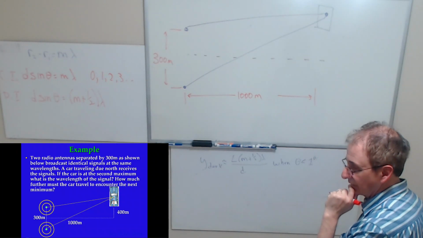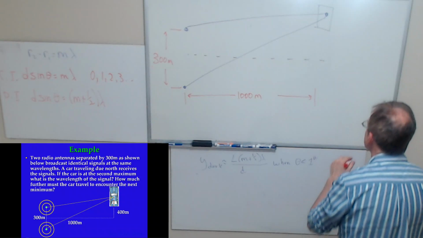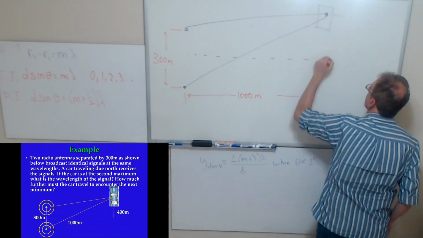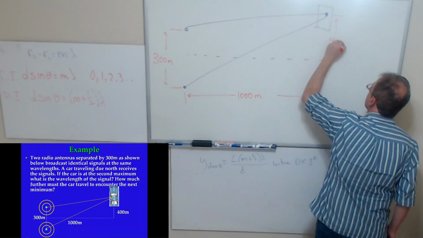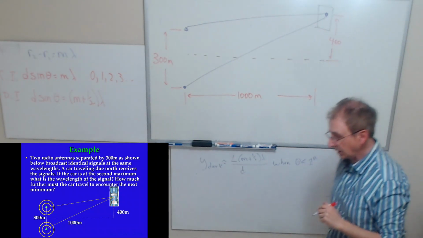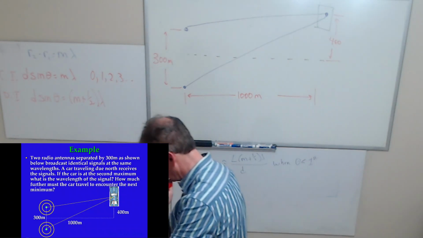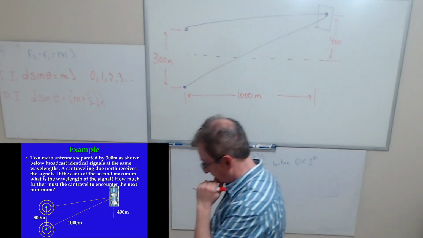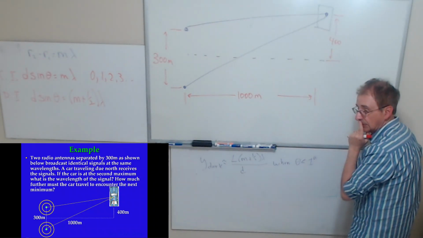It says if the car is at the second maximum, so when this is 400, if the car is at the second maximum, what is the wavelength?